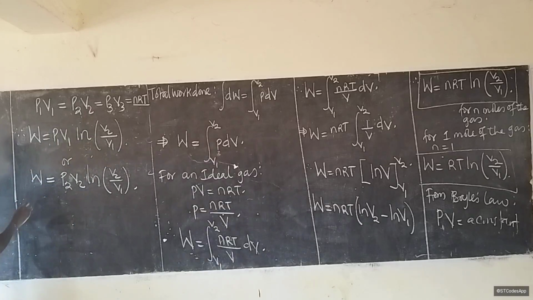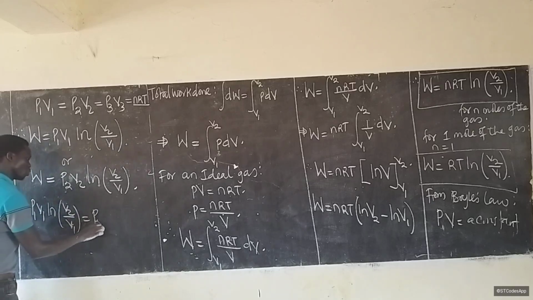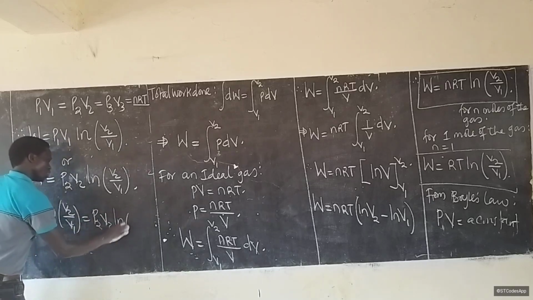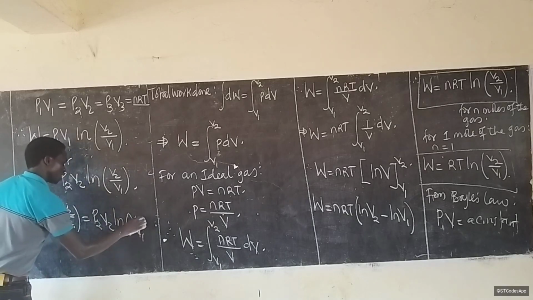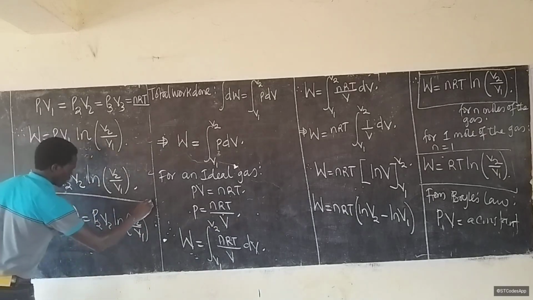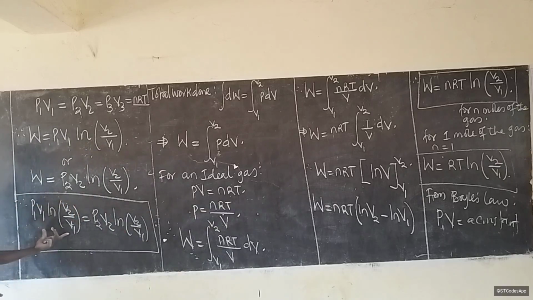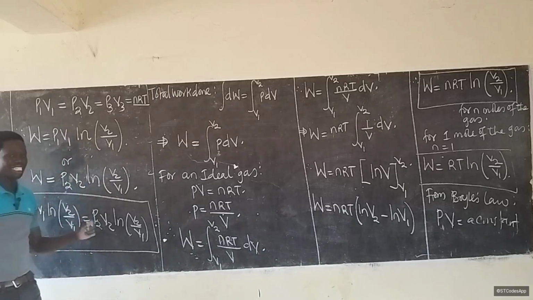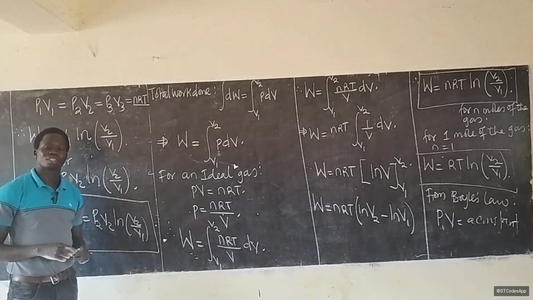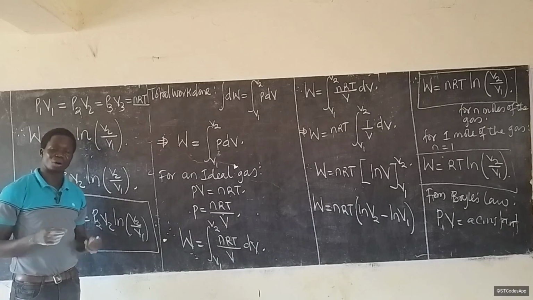So we can have P1 V1 ln of V2 over V1 equal to P2 V2 ln of V2 over V1. Either way you can still get the work done. So that is the expression of work done by an expanding gas or a compressed gas.